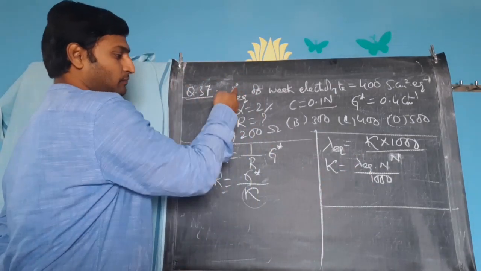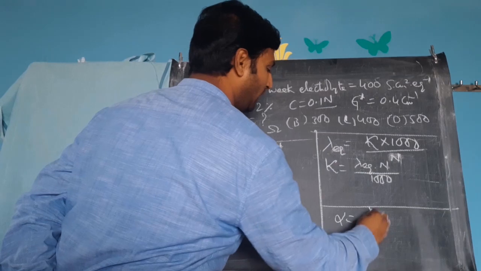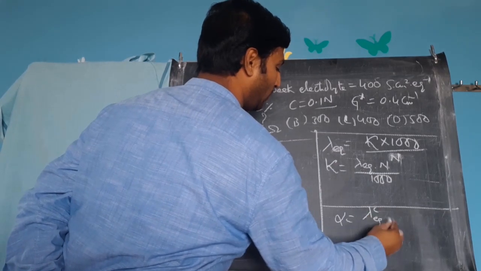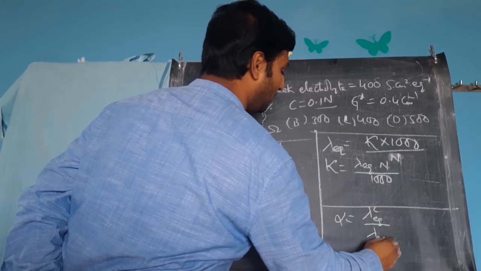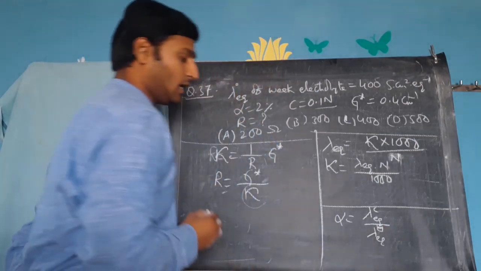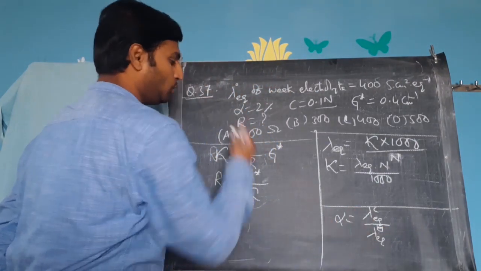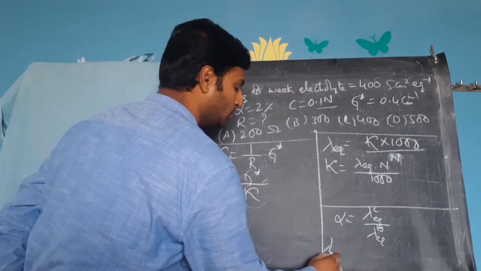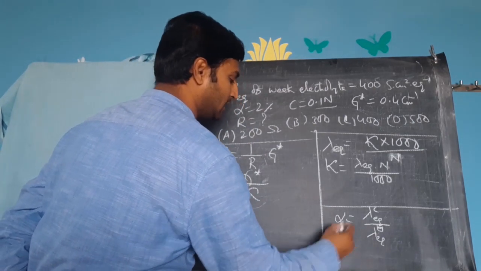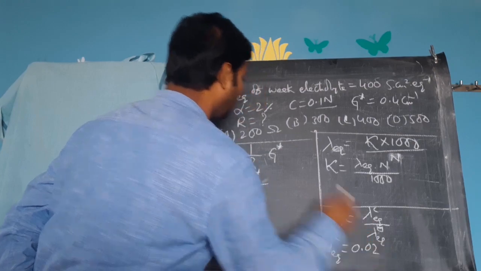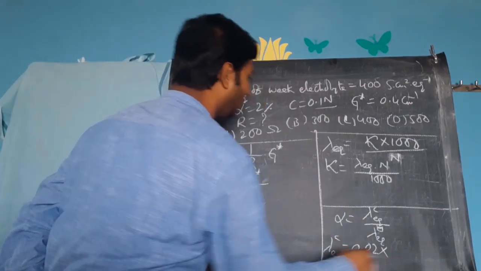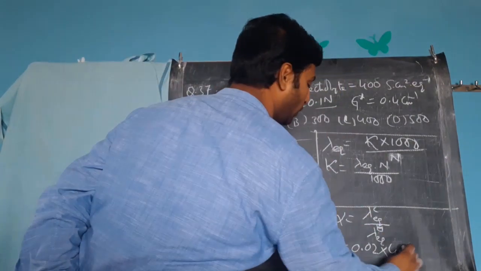These two I need. So, you know alpha is equal to lambda equivalent at a given concentration by lambda equivalent at infinite dilution or zero concentration. Now I want this, I have these two. 2% I will take as 0.02. So lambda equivalent at a given concentration is equal to 0.02, that is alpha value, into this one, 400.